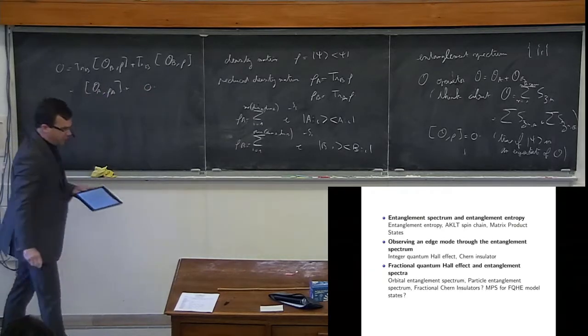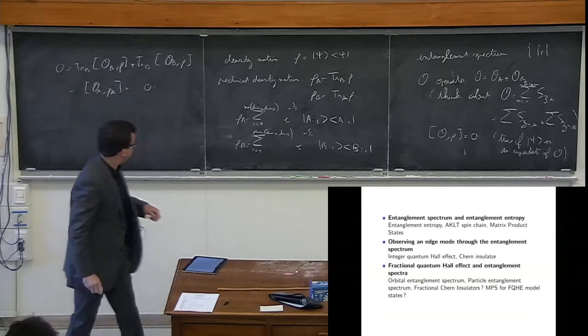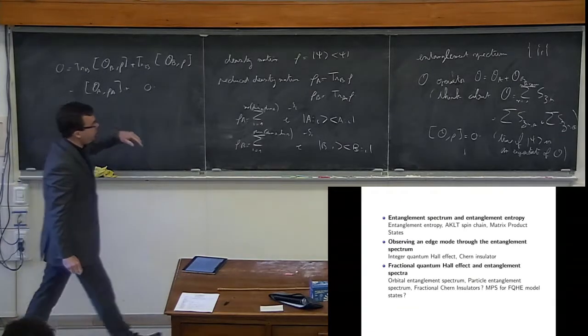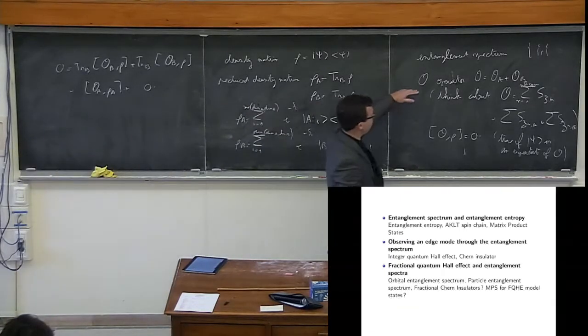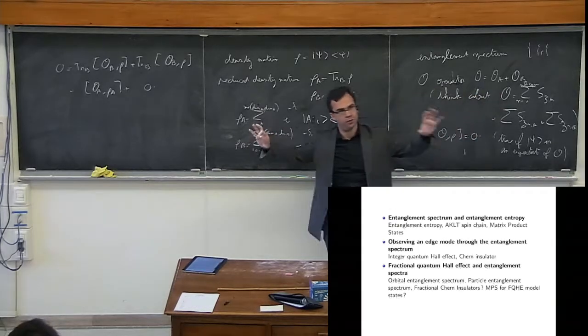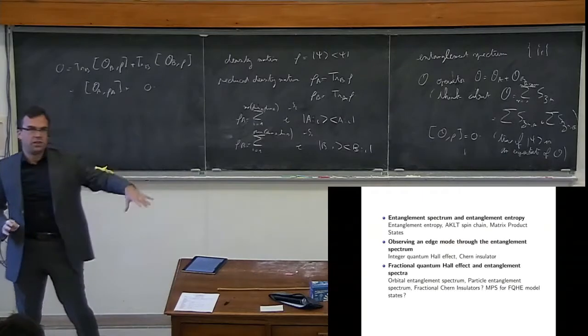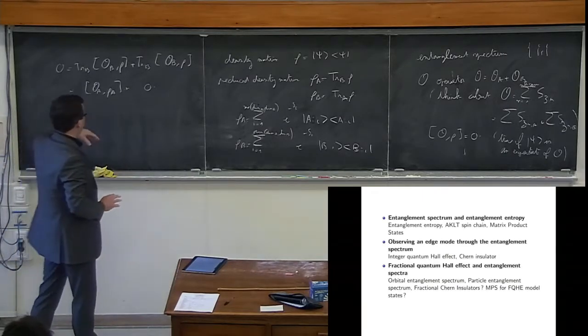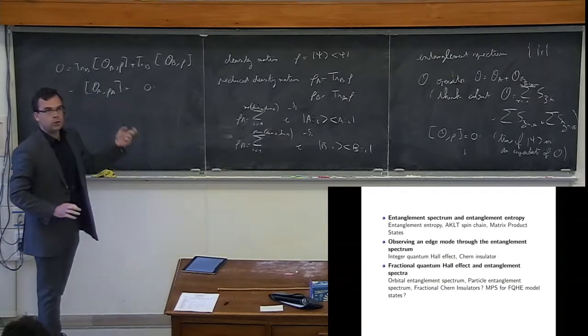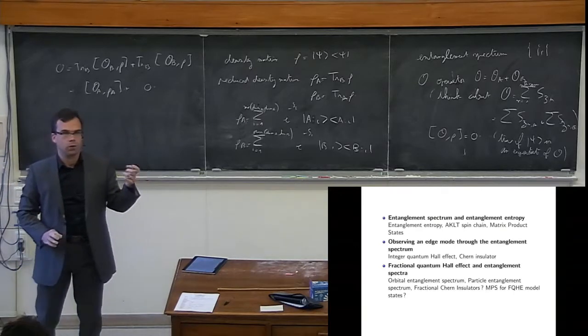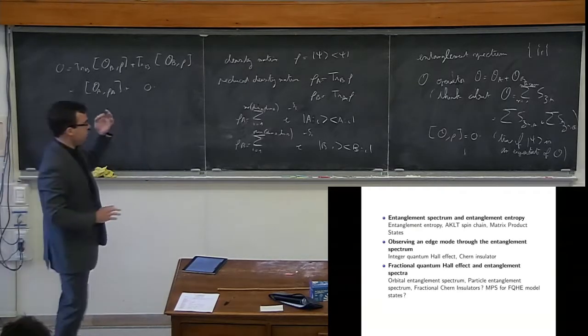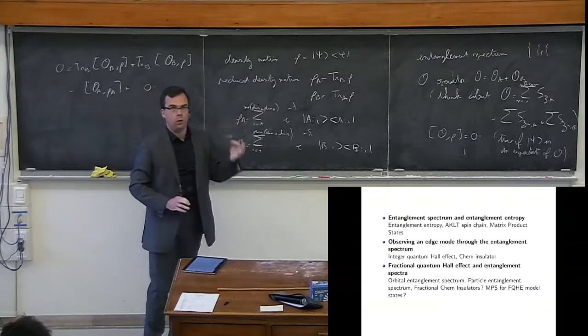So what I can show here is that if I have this property for an operator O, so that I can decompose it as a sum of something acting on A and something acting on B, if O commutes with the density matrix, then OA will also commute with rho A, which means that I can diagonalize simultaneously rho A and OA.